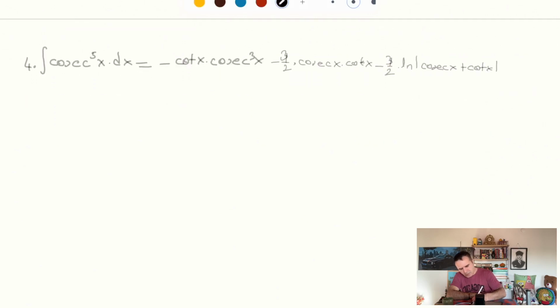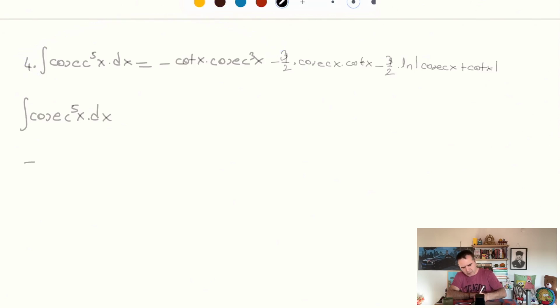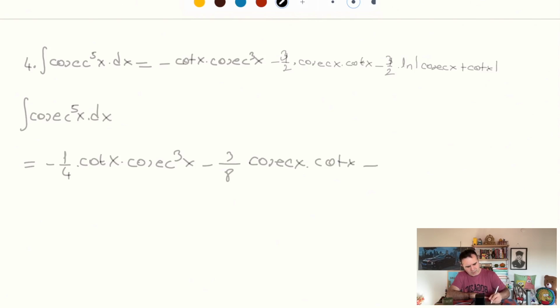Then the integral of cosecant to the power 5x dx. Take this 4 to the other side. This will be equal to minus 1 over 4 times cotangent x cosecant cube x, and minus 3 over 8 times cosecant x cotangent x, and minus 3 over 8 ln absolute value of cosecant x plus cotangent x.